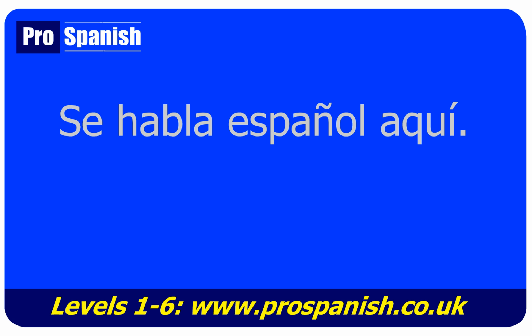This might be a sign in a shop, at a hotel reception, something like that, where we don't need to say who it's done by. In this case, in Spanish, the most common way of using the passive is with se. Se habla español.